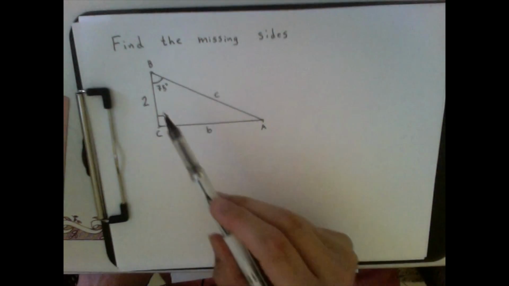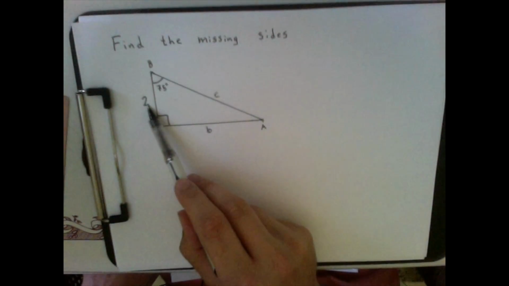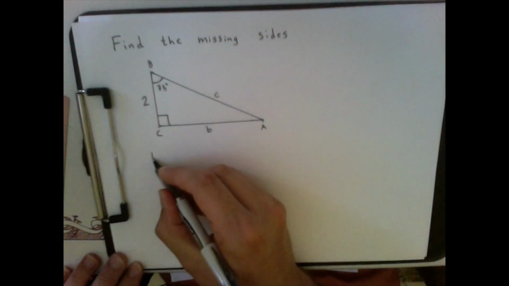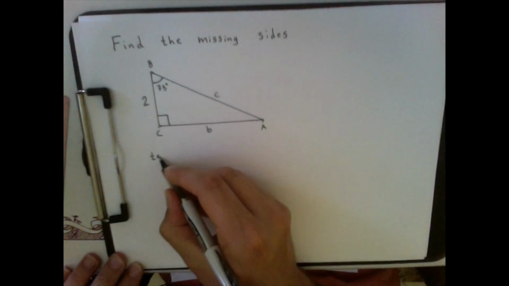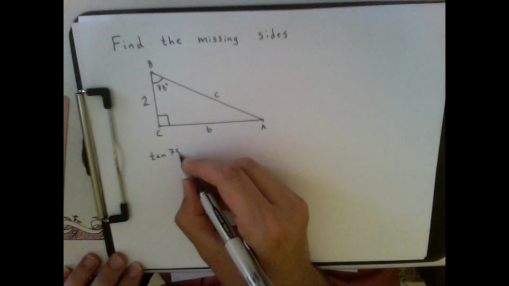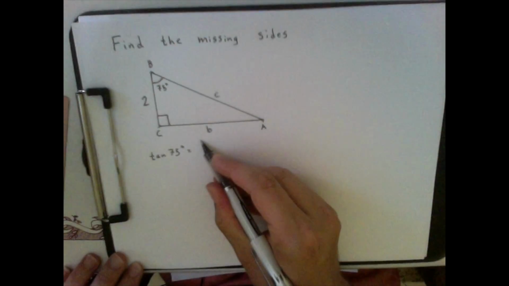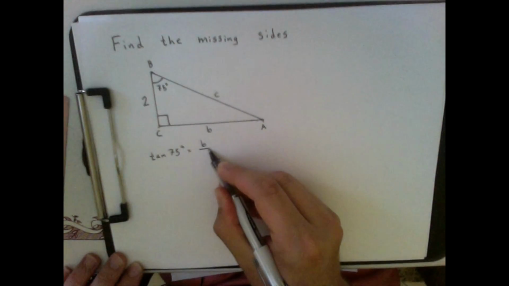And we know the tangent is opposite over adjacent. So that means tangent of 75 degrees is equal to opposite over adjacent.